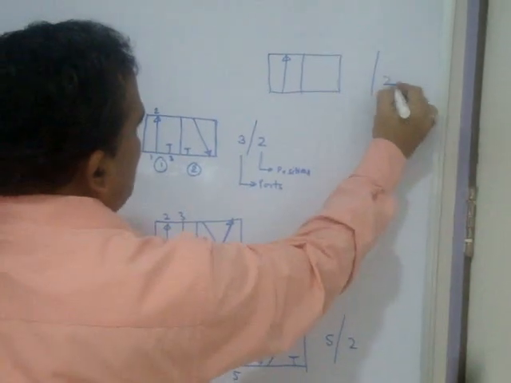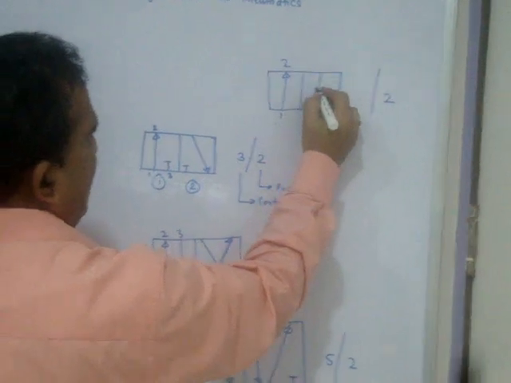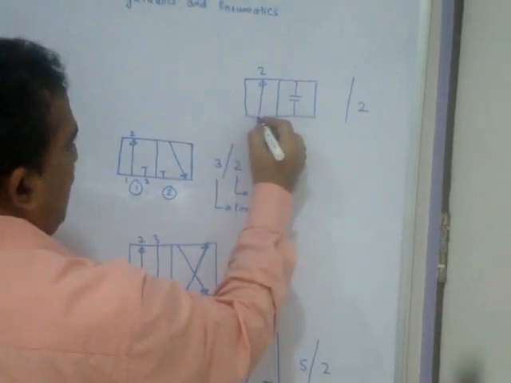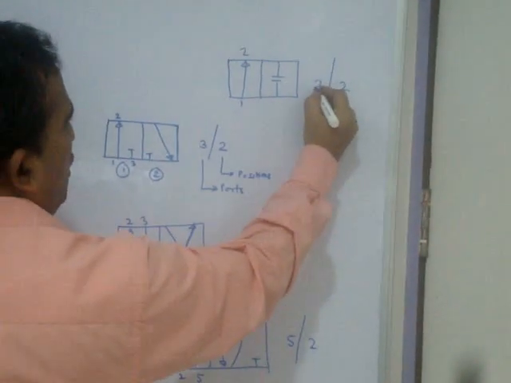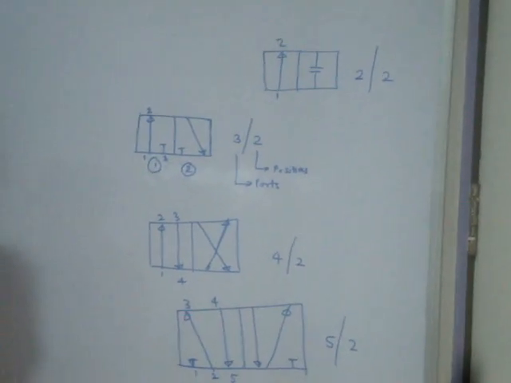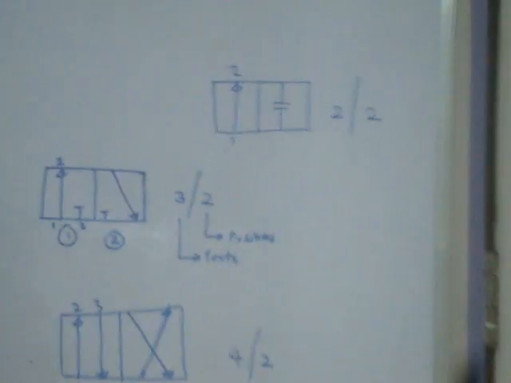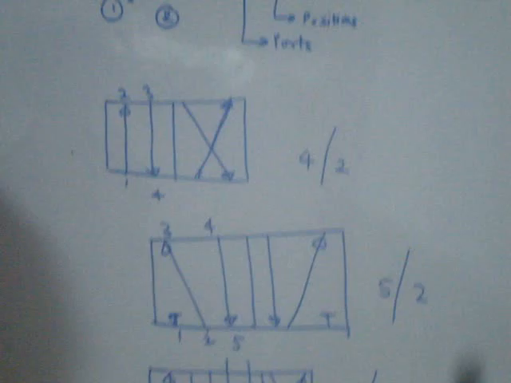Here 2 positions, the first position and second position, 2 ports, and here is the off position. So it is called a 2 by 2 direction control valve. These are the basics of symbols of direction control valves. These valves are helpful to control the direction of the piston and cylinder.